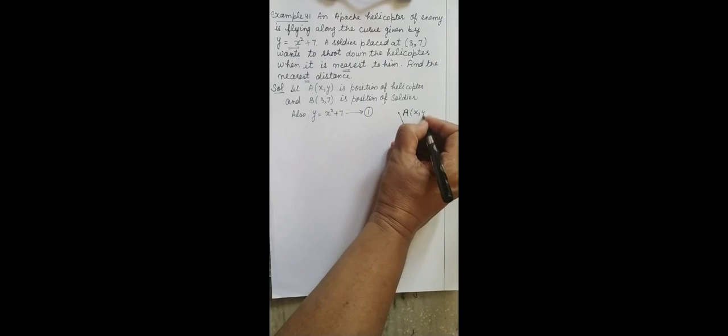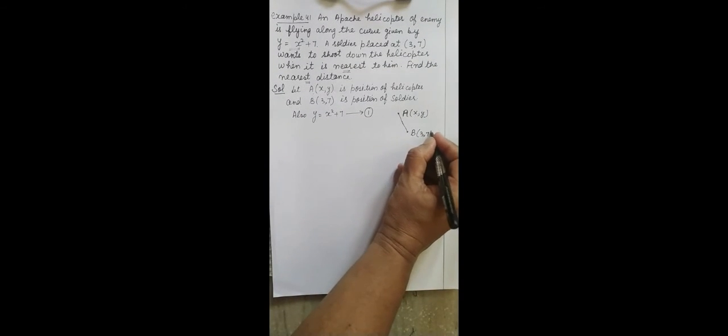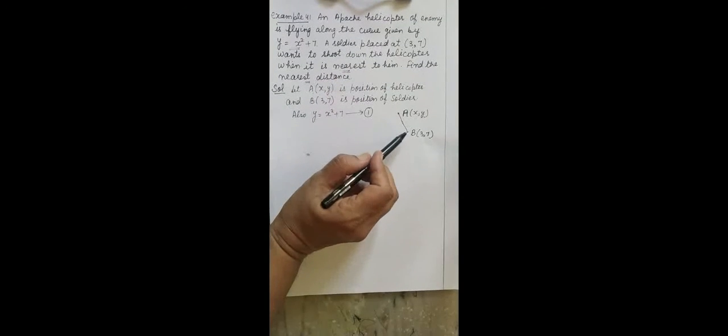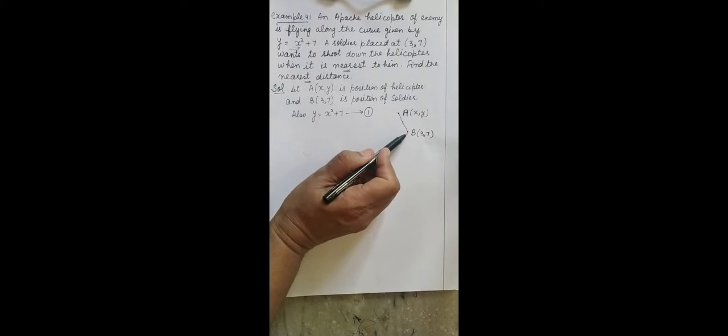So let me suppose that this is the position of the helicopter A(x, y), and this is the position of the soldier B(3, 7). Now he wants to shoot down the helicopter when it comes nearest to him. That means this distance AB will be the smallest, and they have written find the nearest distance also. That means simply I have to minimize this distance AB. So for minimizing the distance, I have to create a distance function.